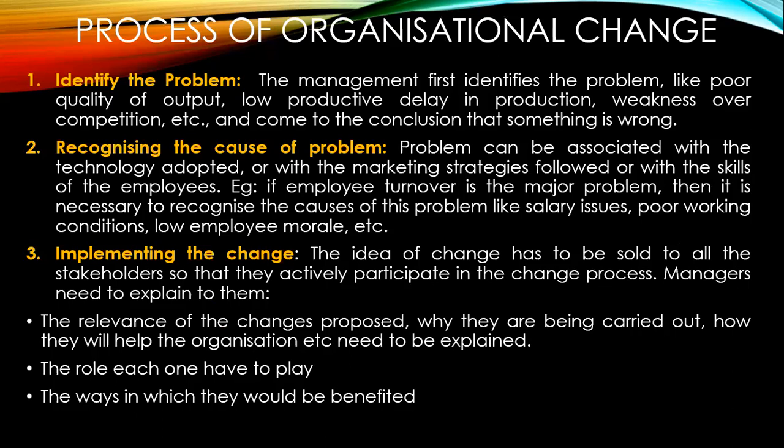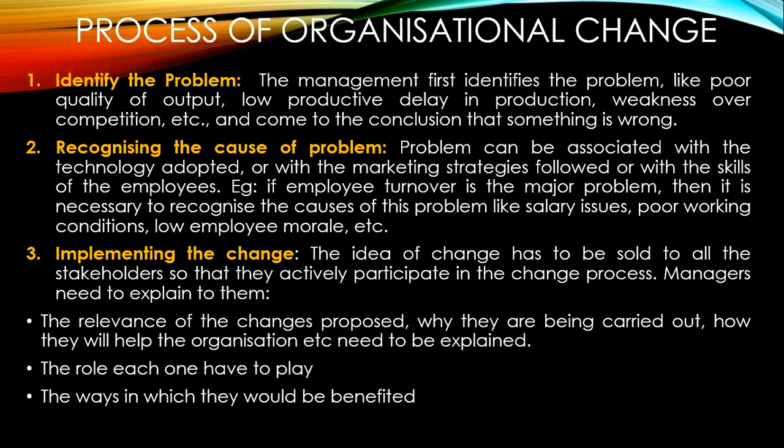The first step is to identify the problem. Management first has to identify the problem, like poor quality of output, low productivity, delay in production, weakness against the competition. So here first they have to check whether there is something wrong going on in the organization. If yes, recognize the cause of the problem. Why is this problem happening in the organization?